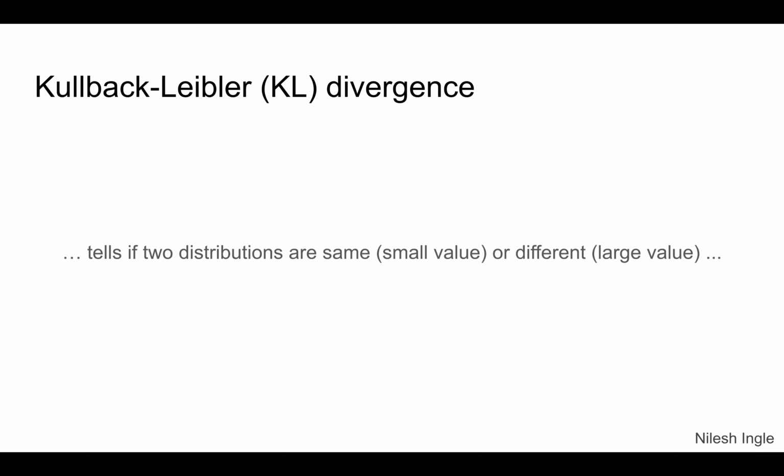So the lower the value, the more similar those two distributions are, the higher the value, the more different they are, and that's used to gauge the iterations when we are trying to optimize.